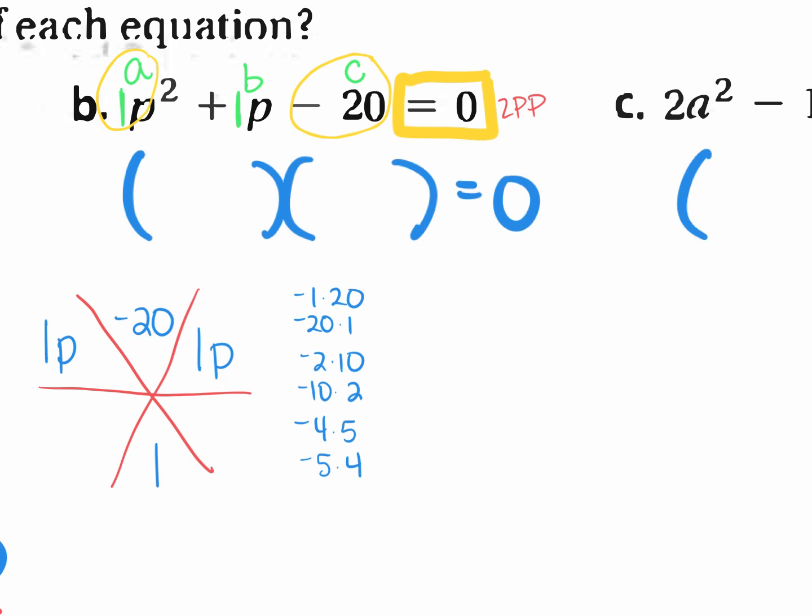Those are all the ways that we could multiply to make 20. Now we want to turn all those into plus signs and figure out which one is going to add up to positive 1. And it's the negative 4 and the positive 5 combination.